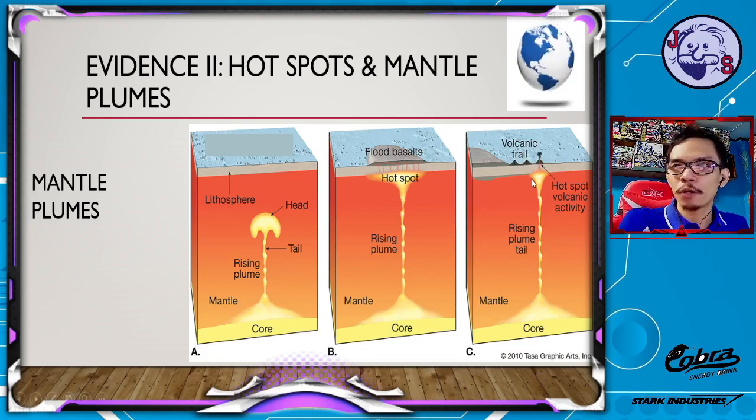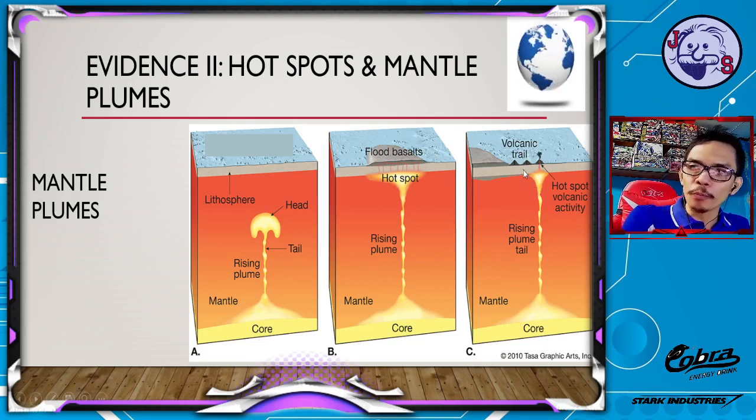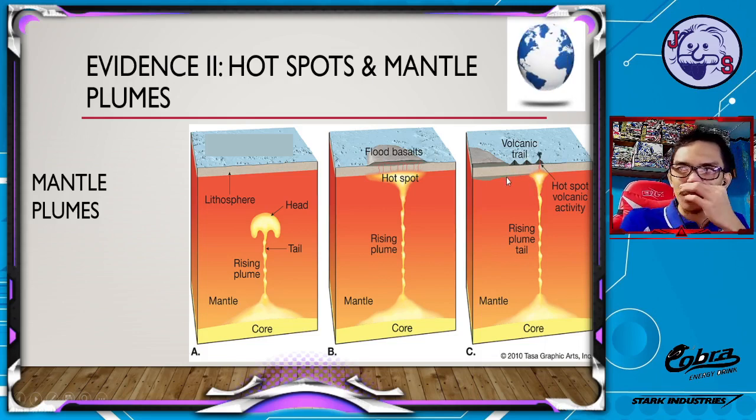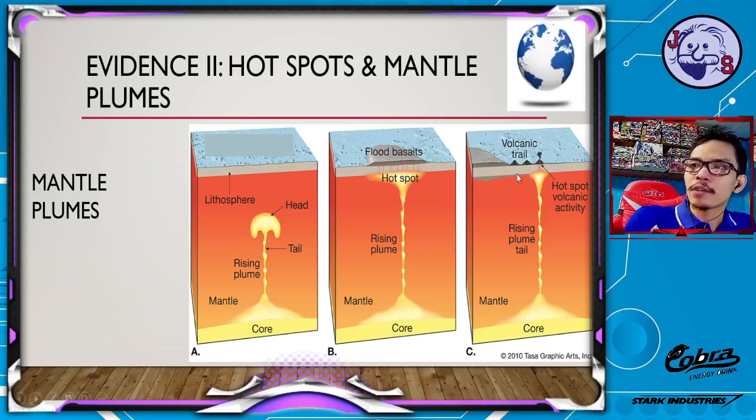So what is the effect of the movement of the lithosphere? When the lithosphere moves, the volcano will be left empty, and it will go to another place and create another opening that you have right here.